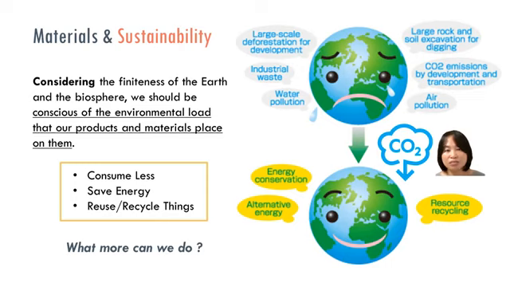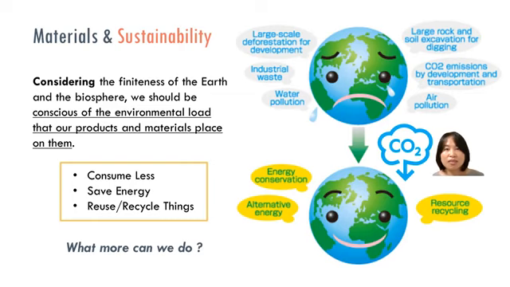How can we help to make the earth smile again, little by little? Okay, what can we do? We can consume less, we can save energy. Okay, we can use greener energy. We can use alternative energy. We can reuse and recycle things, of course.